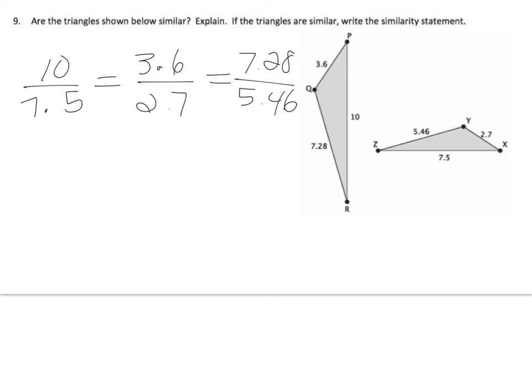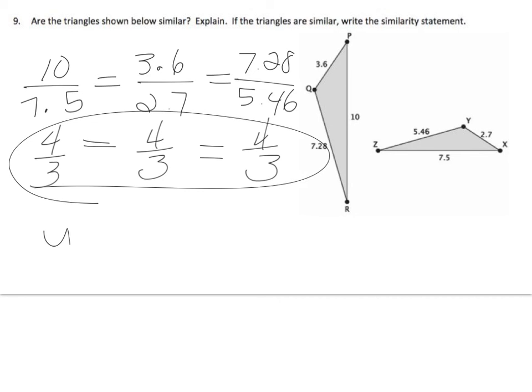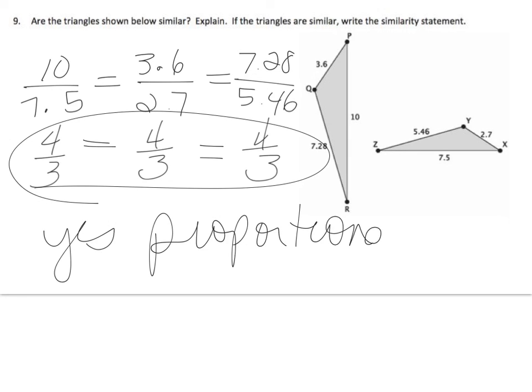Hold on, let me do some math. Okay, I just reduced each fraction and got 4/3. So yes, these are proportional. Sorry, these are similar because of the side-side-side similarity criterion.